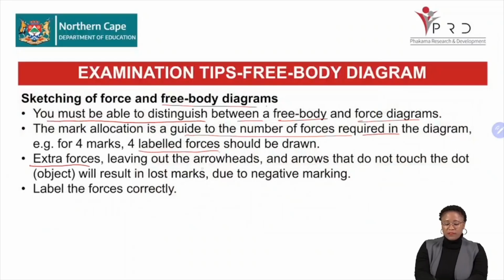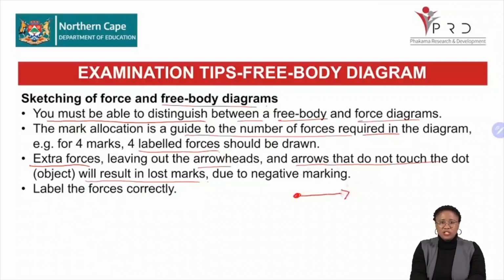Extra forces, or leaving out arrows, or arrows that do not touch the dot or the object, will result in the loss of marks. For example, if you draw your arrow like that, as you can see, the arrowhead and the line are not touching, and because they are not touching, you will lose the mark. So make sure that the arrowhead and the line are touching to show that you are actually drawing an arrow.